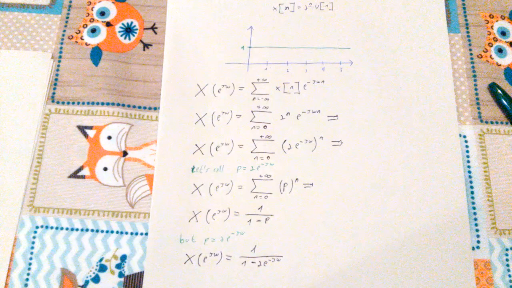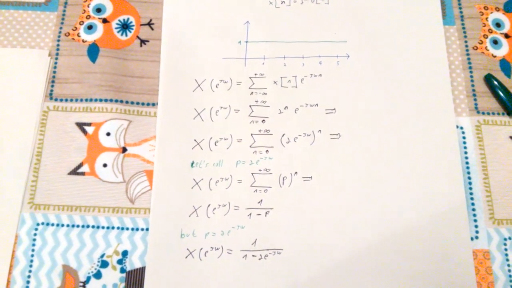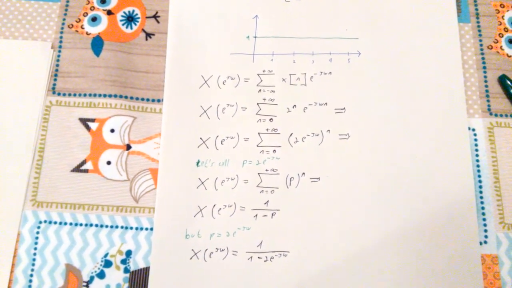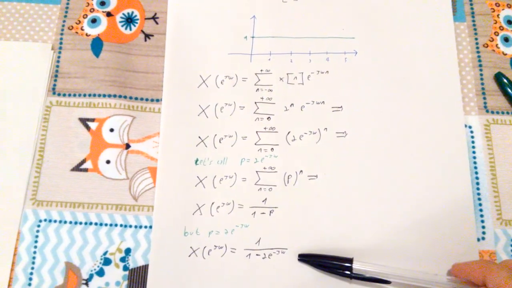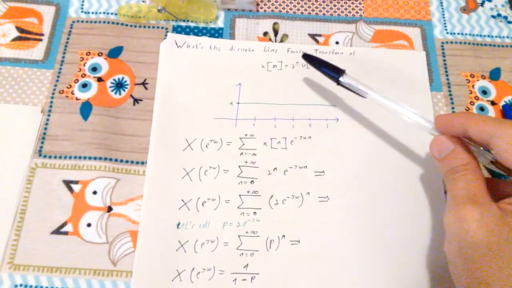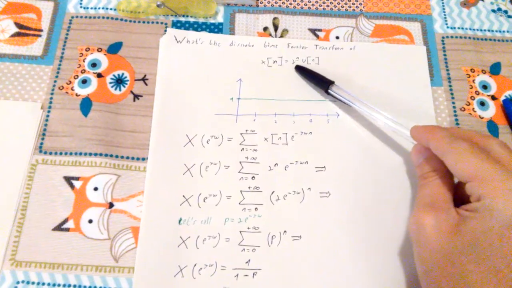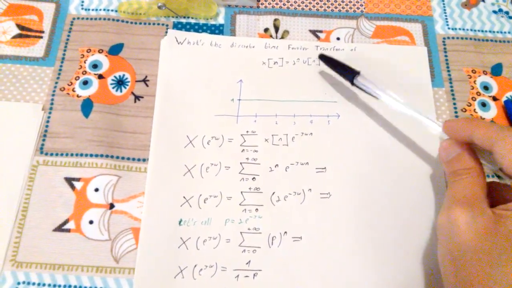And our first example is solved. So this is the discrete time Fourier transform of a to the n u of n.